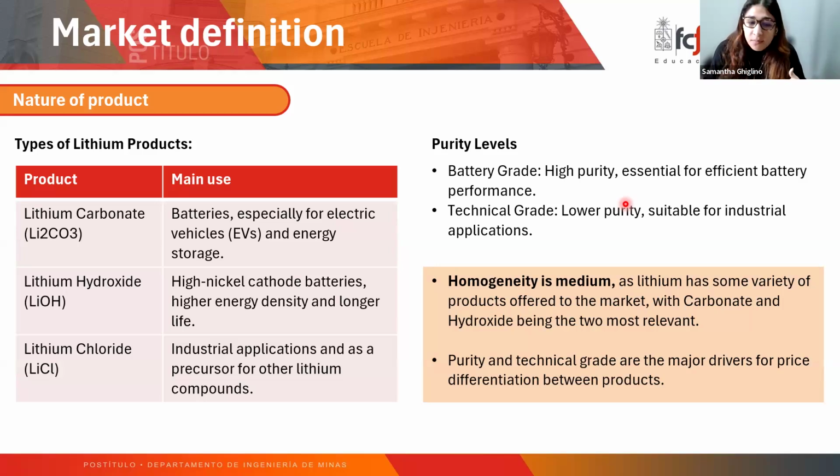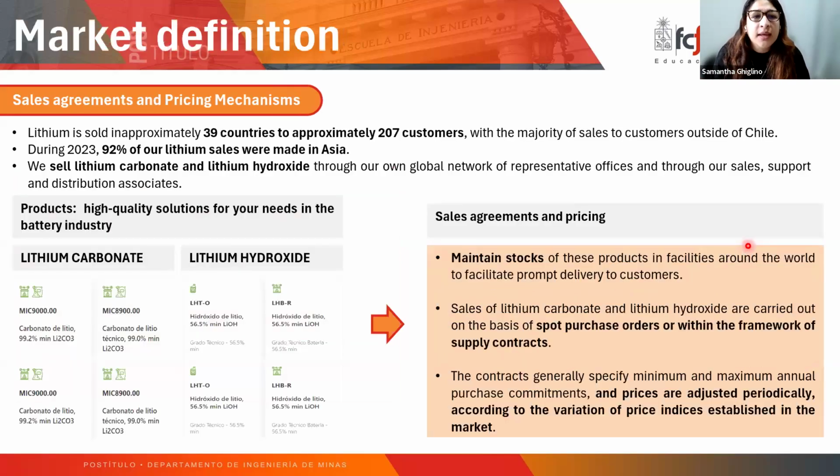It has some level of range of variety, and the main driver to change the price is grade. So it's not as similar, but it's not overly fluctuant between different producers as well. So we have defined that as a medium point.